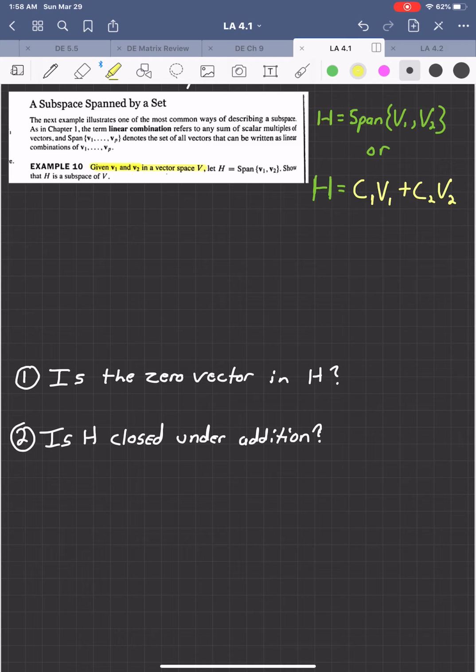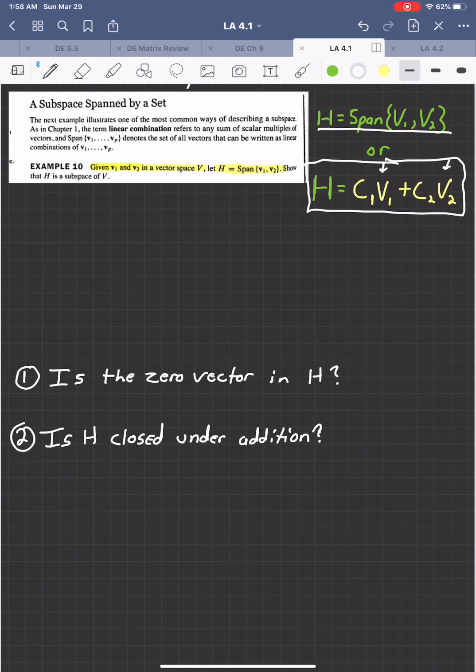Now, we're going to say H is the span of those two vectors. So that would mean that H is written as follows: the span of v1 and v2.